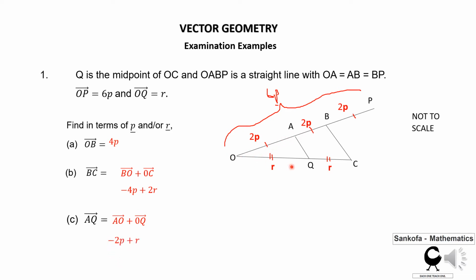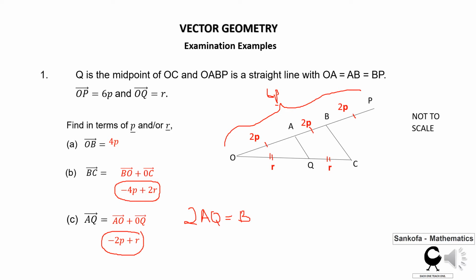Something very interesting here is that you can see this particular vector here, and also this particular vector here, if you look at them nicely, you can see that they are multiples of each other. If you take 2 of AQ, you are going to get BC.